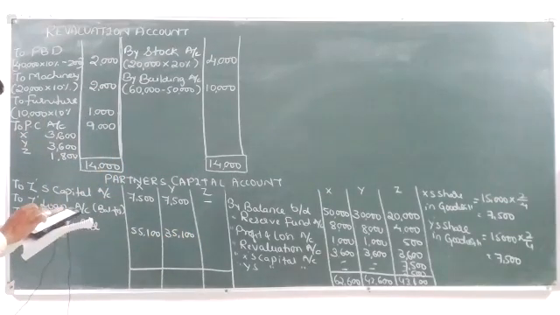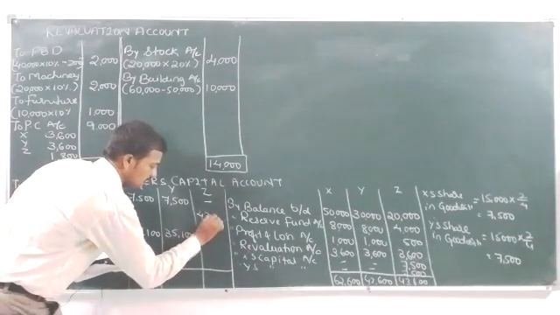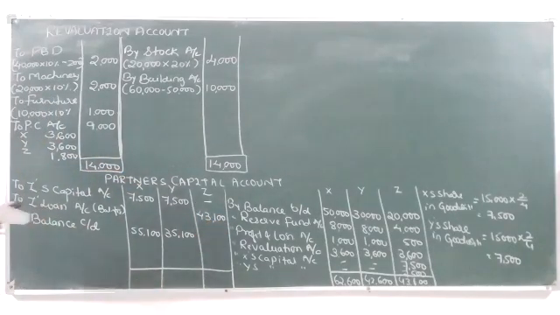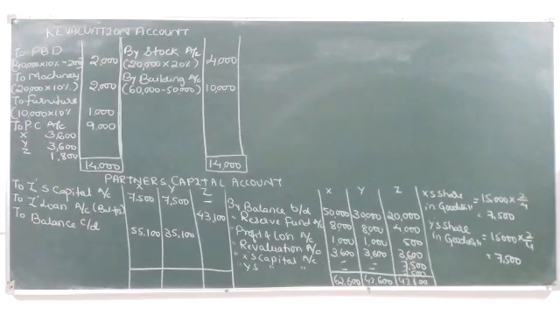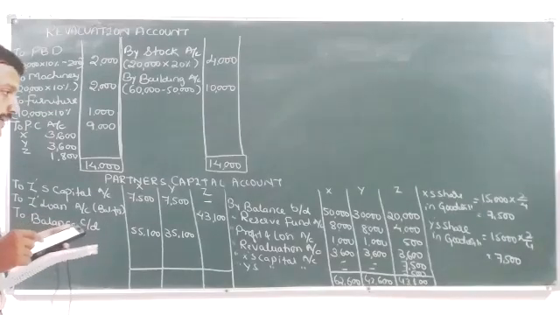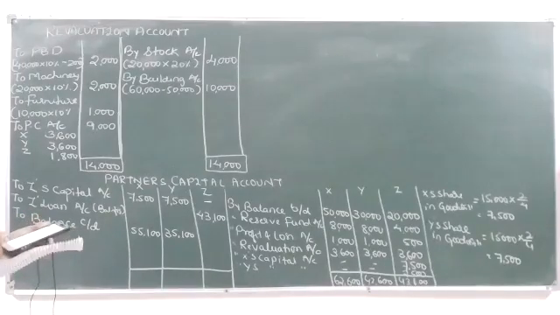And Z's loan account will be 43,100 minus nil, that will be 43,100. 24,500 plus 3,600 plus, now it is 43.